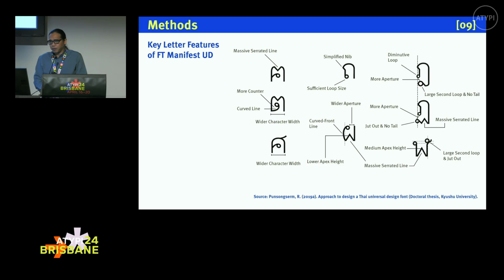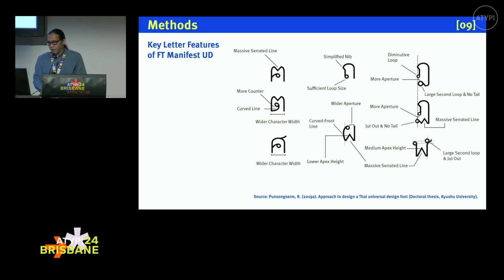The key letter features of FT Manifest UD include the use of a massive selected line, more counter space, curved line, and wider character width for the characters Kokon and Totao. And the use of simplified nib and sufficient loop size for the letter Totung.